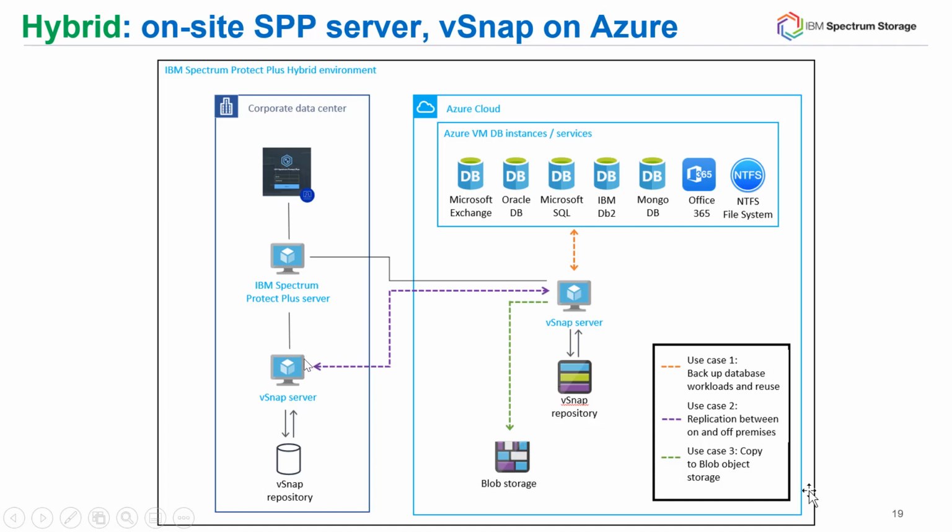And then the on-premise and off-premise vSnap can replicate to each other as a form of disaster recovery. And now you have multiple choices on where you restore your workloads from, either from the Azure vSnap or from the on-premise vSnap if you've replicated over there.